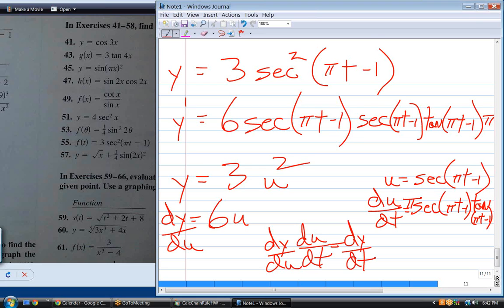So all I have to do is figure out dy du, which I know how to do, and then figure out du dt, and that only requires one application of the chain rule. So I get everything right. Then, of course, I go back and substitute for u. This has now become secant of pi t minus 1. I'm going to end up with a secant squared of pi t minus 1 by the time I'm done here.